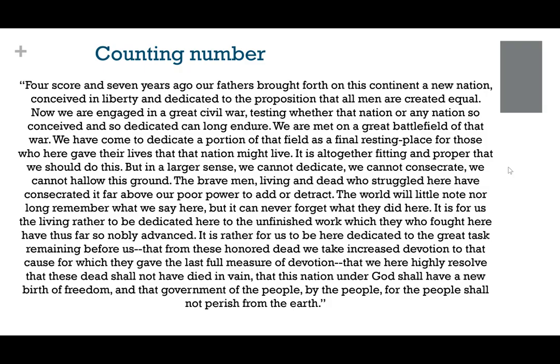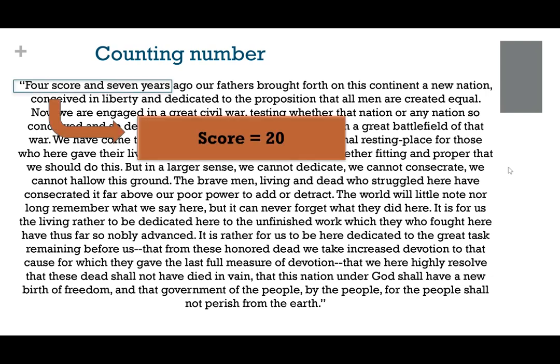And then lastly, a counting number that you probably don't use on an everyday basis, but certainly something that we can quickly figure out what it means. Here is the Gettysburg Address, "Four score and 7 years ago." If I tell you that a score equals 20, how many years ago were they talking about? 4 times 20 is 80, and then the 7, so 87 years ago.